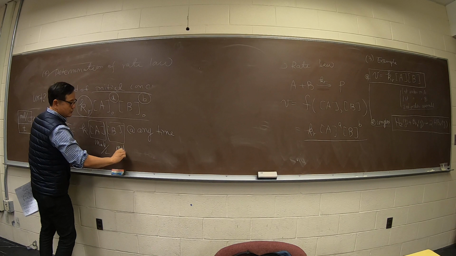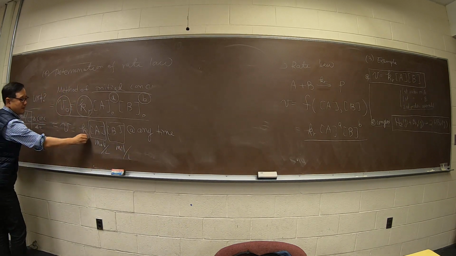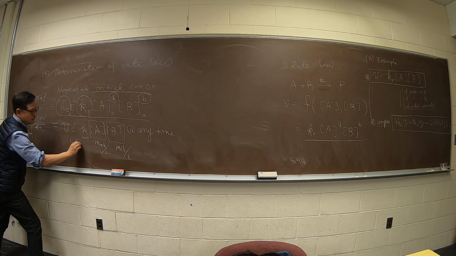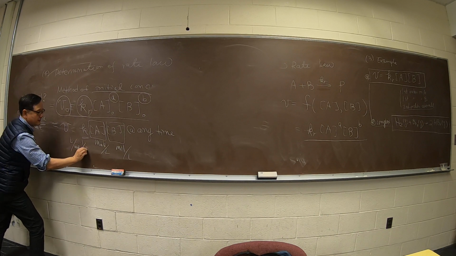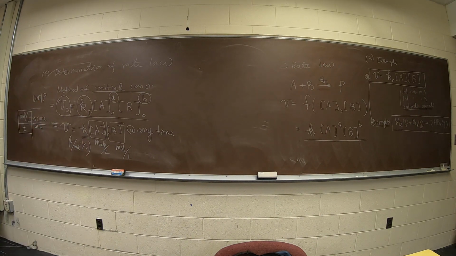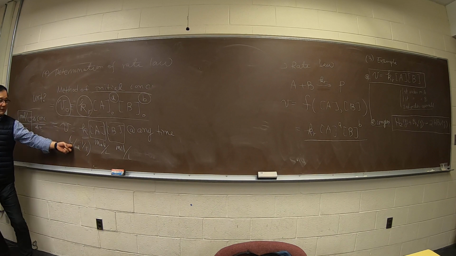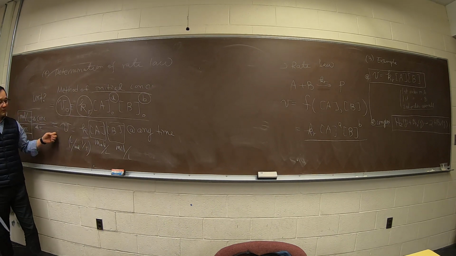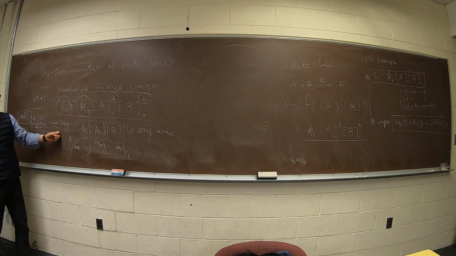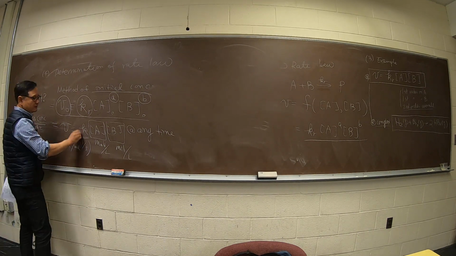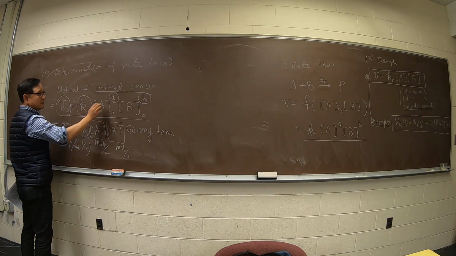If it is an overall second order reaction, the K value should have a unit of liter per mole per second. This is essentially to make sure the rate comes out in mole per liter per second. So this rate constant has a complex unit depending on the power law.